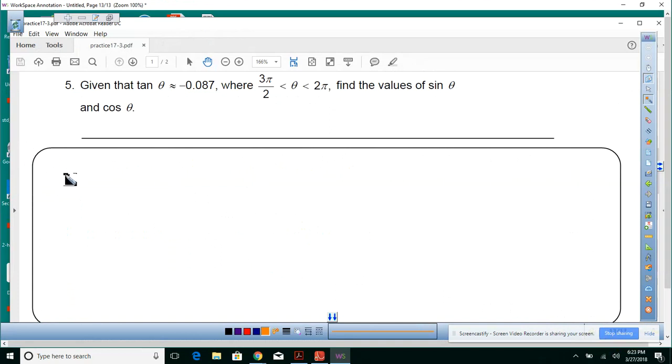All right, let's see. What do we got here? We got negative 0.087 cosine theta equals sine theta, and that's going to give us negative 0.087 cosine theta, squared, plus cosine squared theta equals 1. Did a little shortcut there. All right.